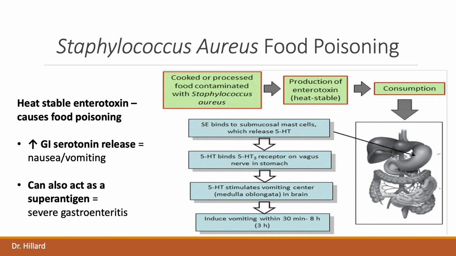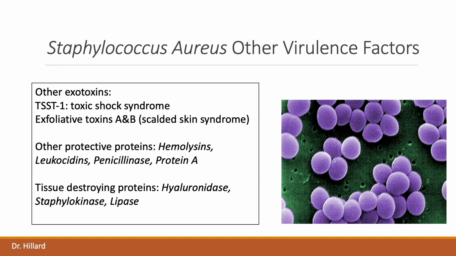In addition, Staphylococcus enterotoxins are considered superantigens and can, in some cases, stimulate large populations of T cells to produce cytokines, leading to severe gastroenteritis. In addition to the enterotoxins, remember that Staphylococcus aureus can create other exotoxins, including TSST-1, which leads to toxic shock syndrome, a multi-system disease originally described with superabsorbent tampon use.